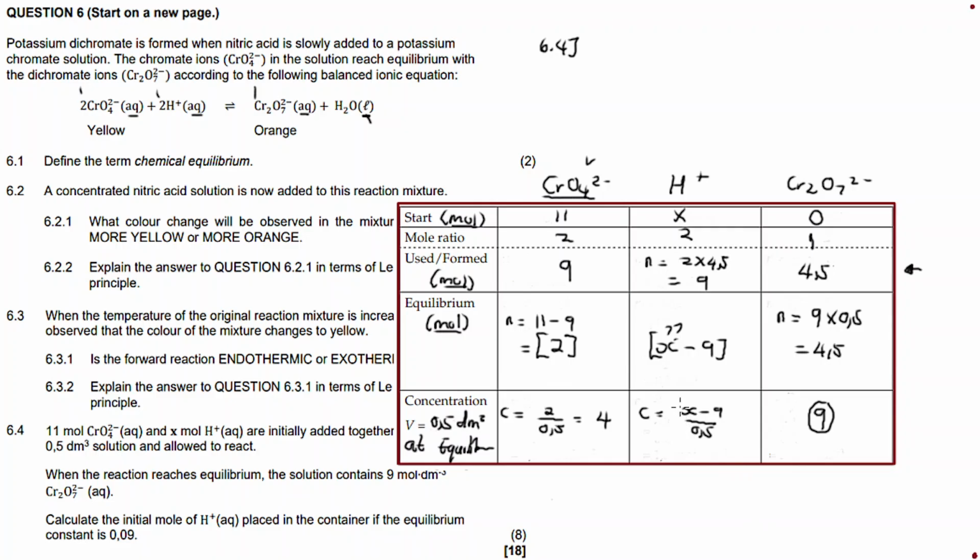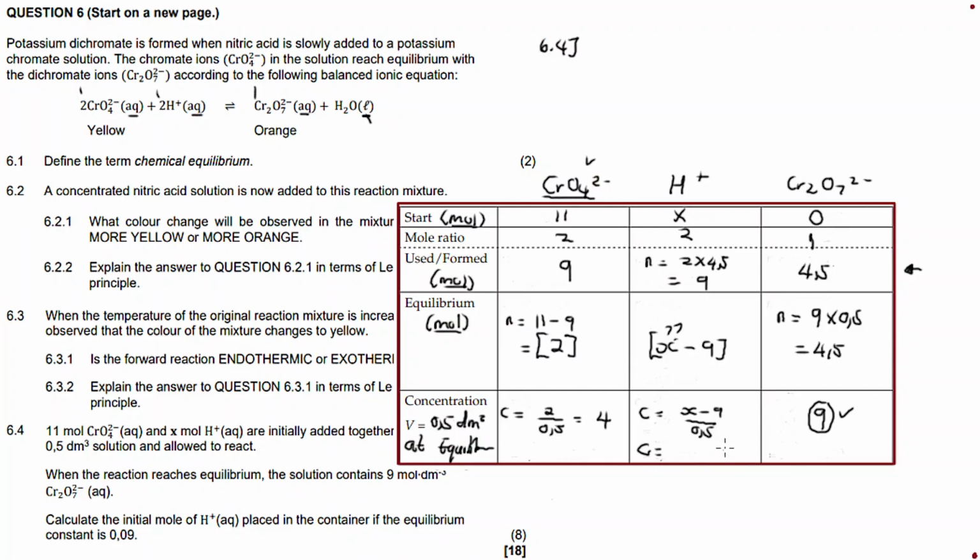Substitute that. The idea of having a fraction in our substitution is a bit awkward, but let me hide this for now. So we have the concentration at equilibrium for the product.